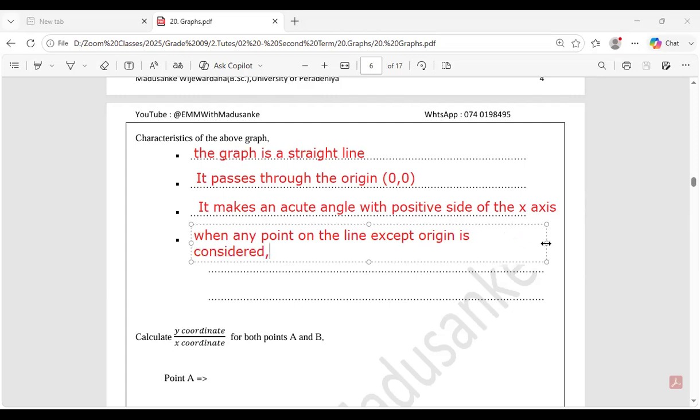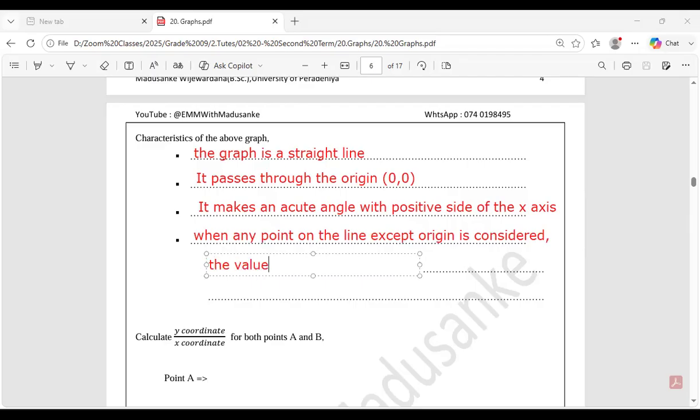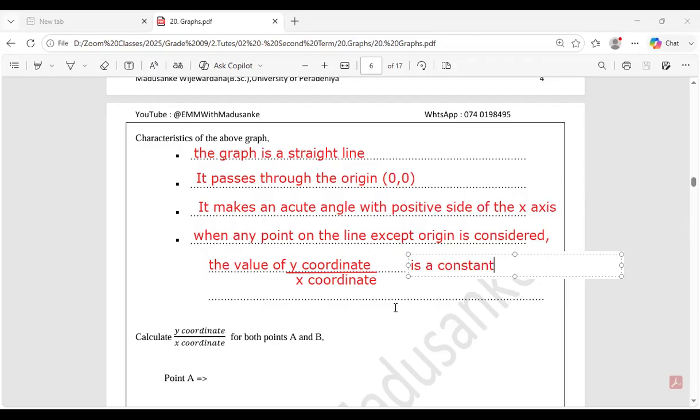The value of y coordinate divided by x coordinate is a constant.